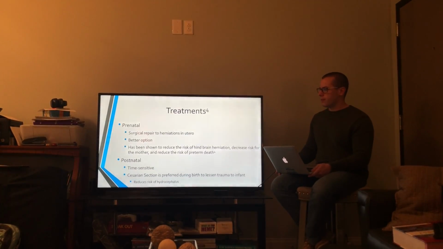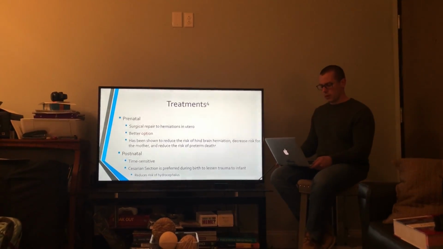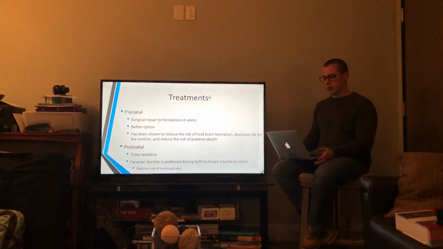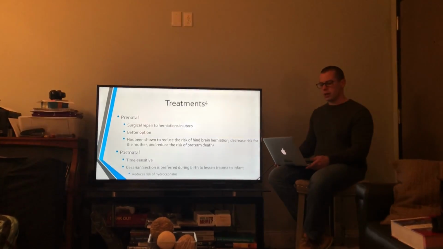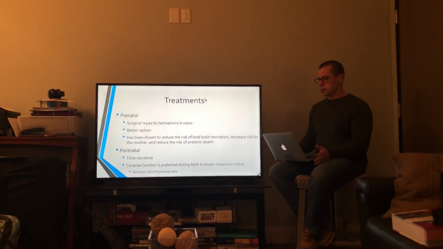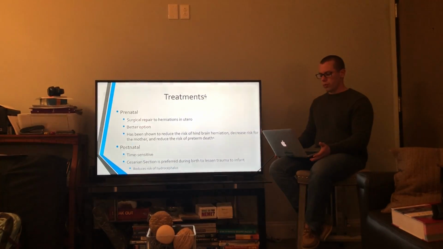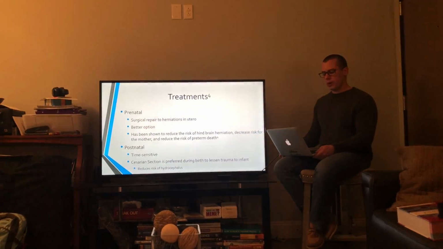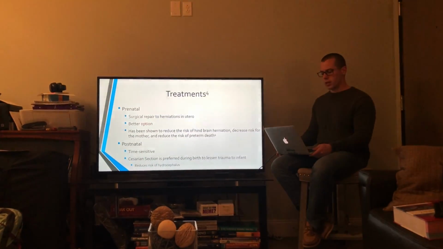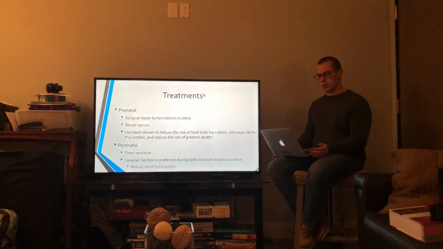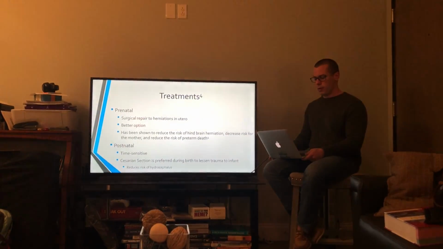And some of the treatments for spina bifida. Prenatally, you can actually have surgery to repair the herniations in utero. It's really considered the better option. It has been shown to reduce the risk of hindbrain herniation and decrease the risk for the mother and reduce the risk of preterm death.